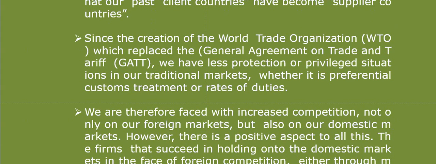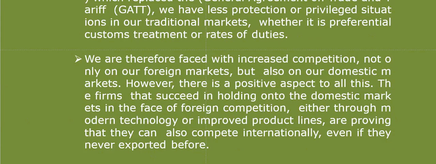And then here, we have talking about this. We are therefore faced with increased competition, not only on our foreign market but also our domestic market. However, there is a positive aspect of this.